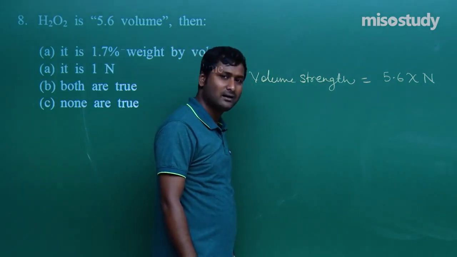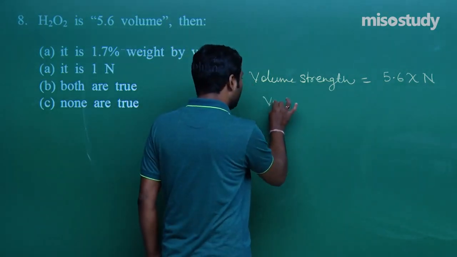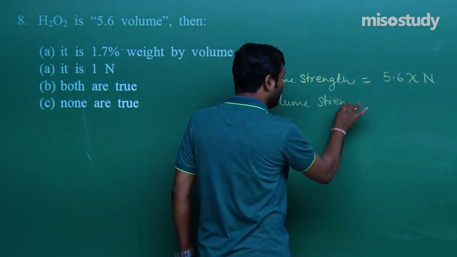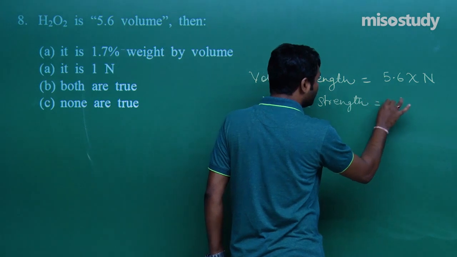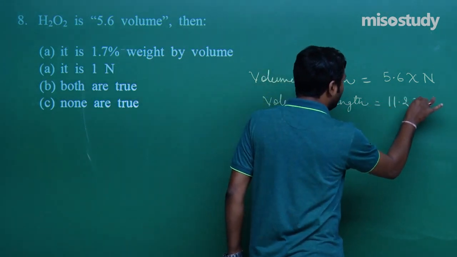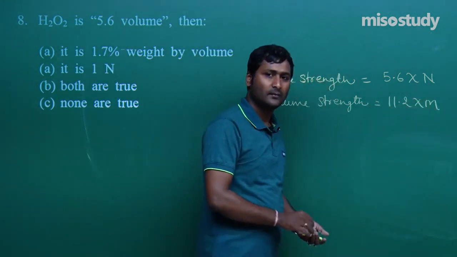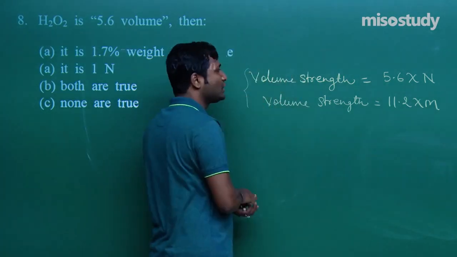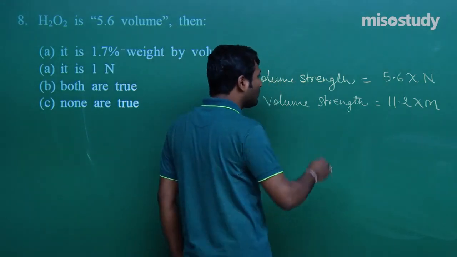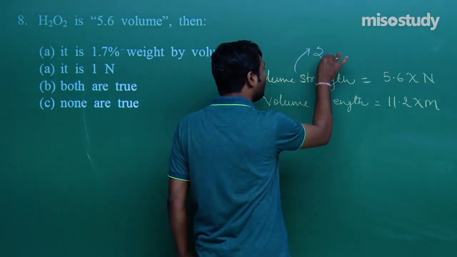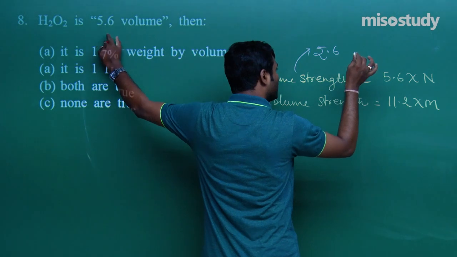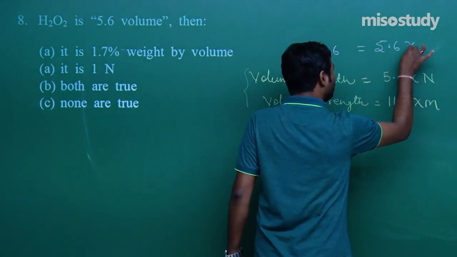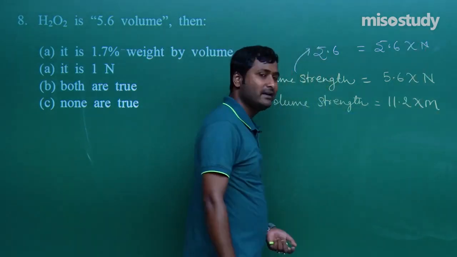Sir, you are right. And in terms of molarity, what is volume strength? Volume strength is 11.2 into molarity, as I discussed earlier and derived during my lecture. Now, here the volume strength given in the question is 5.6, so 5.6 equals 5.6 into N. Clear?